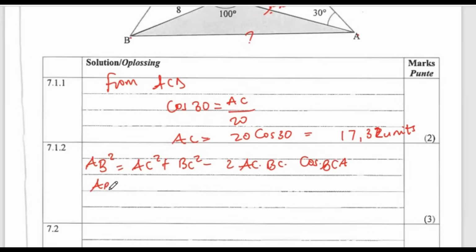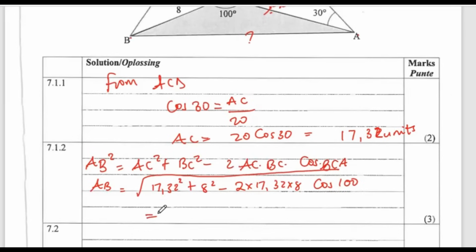Then AB is the square root. When I substitute, AC is 17.32 squared, BC is 18, minus 2 times 17.32 times 18, and it's over cos 100. I'll put this into the calculator straight out. That gives 20.30.